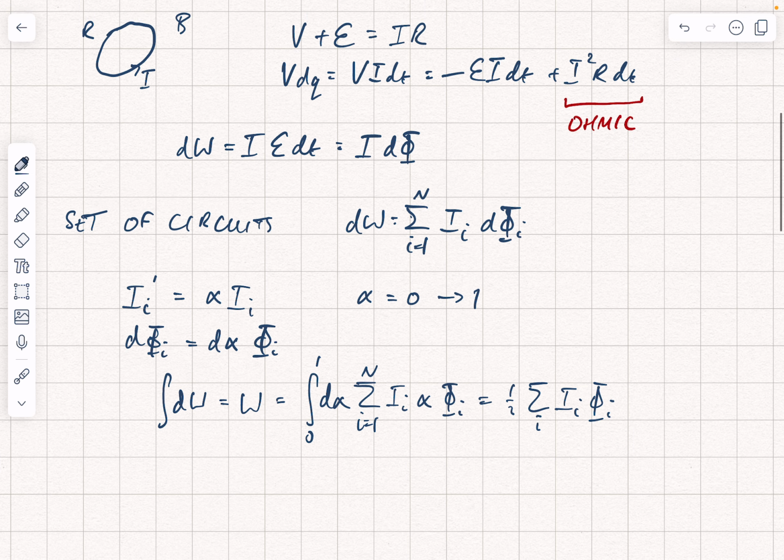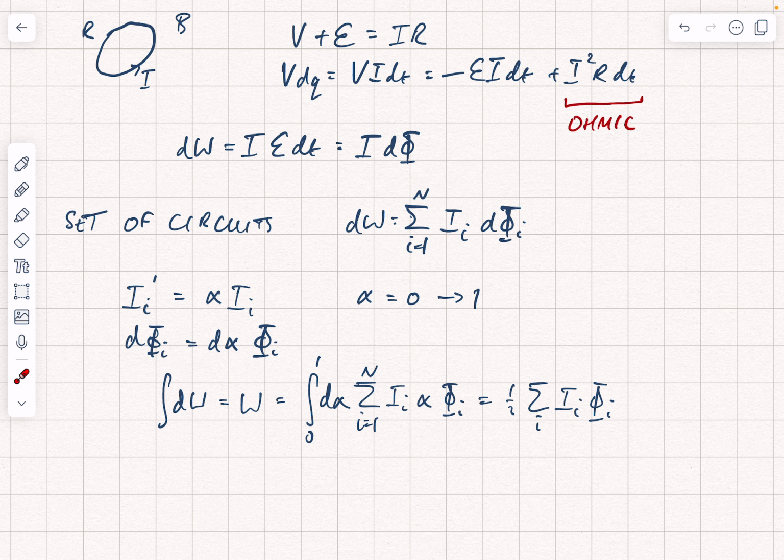And at this stage, it just pays to take a brief moment to look back up here and see that we've got V dq, so that's the electric potential multiplied by a charge. And remember, charge, of course, is the source of electrical fields and electrical potential. Over here, we have a current, which is the source of magnetic fields, multiplied by E dt. Now, E dt we've just said is d phi, so that's the integral of a magnetic field.